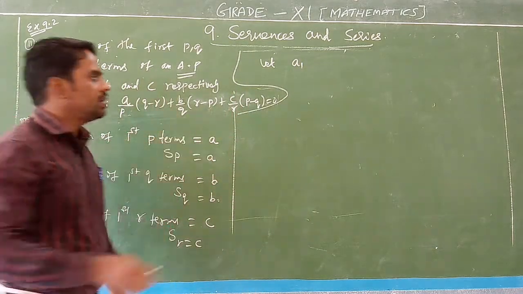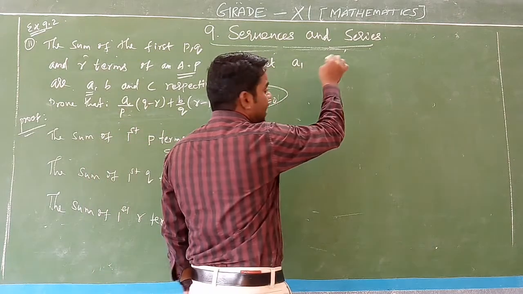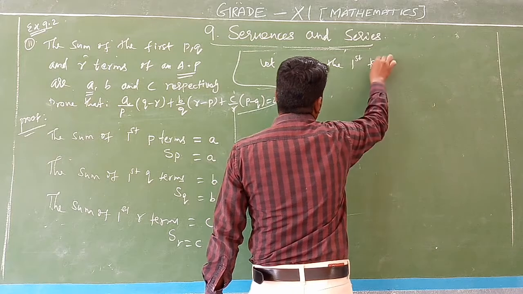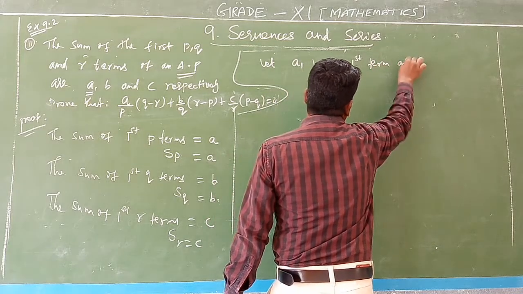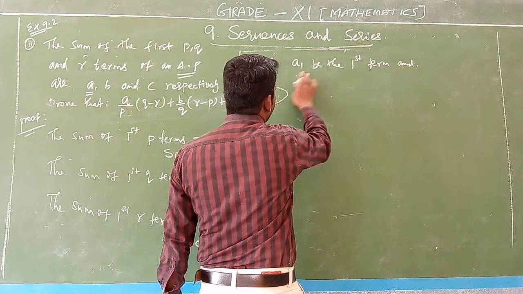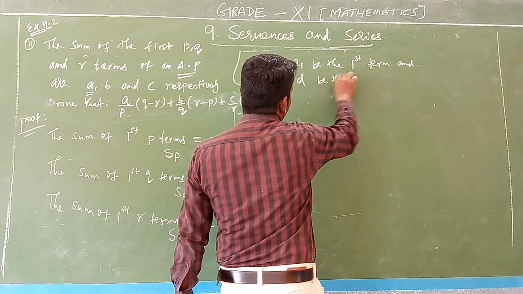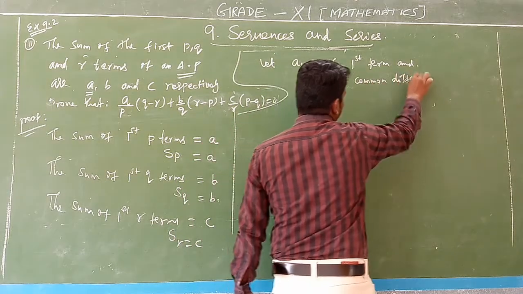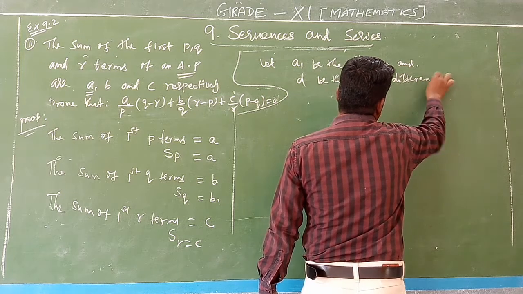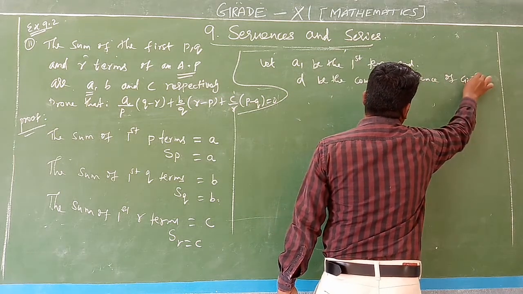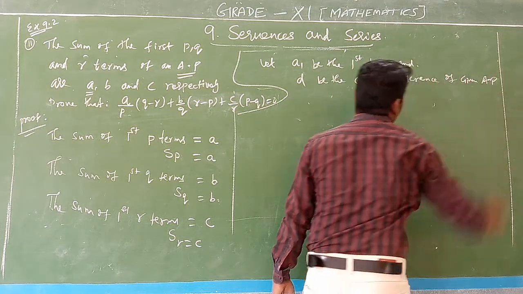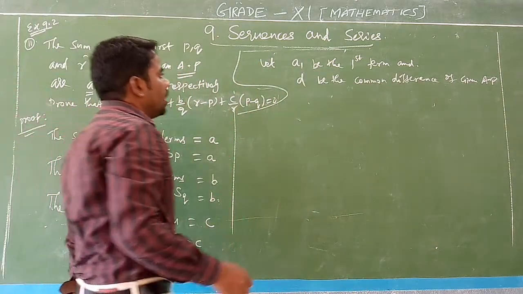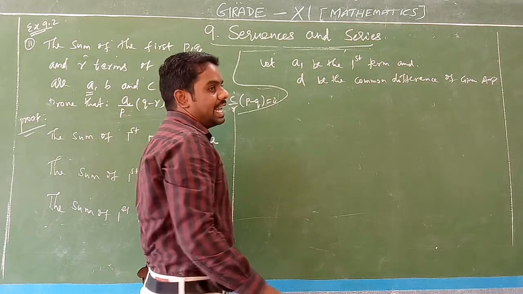So a1 is the first term and d is the common difference.